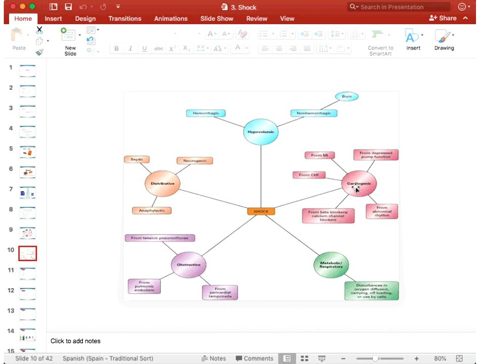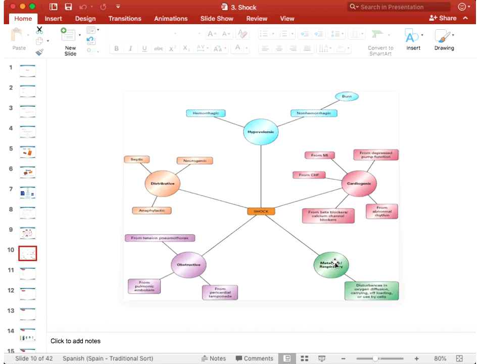Or otherwise, if we have a patient that has been involved in a vehicle crash and develops hypovolemic shock, if we don't resolve this quickly enough, he will eventually develop a cardiogenic shock. Then the pump itself, the heart itself, will not be enough to pump out the blood, and therefore we will lose the cardiac output, and from there everything will get worse.